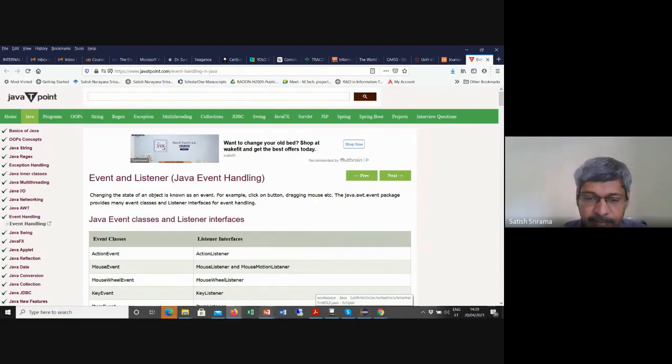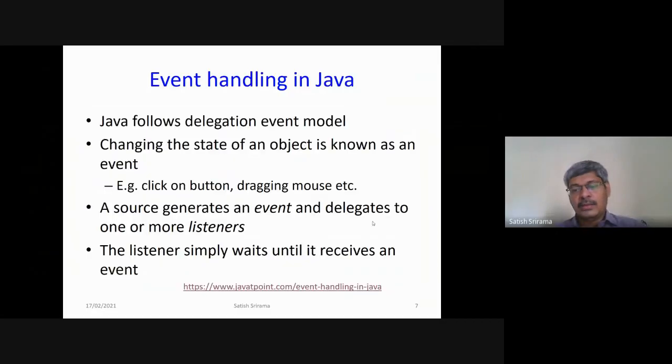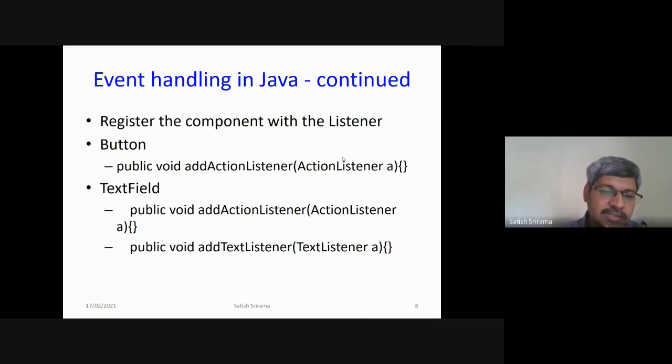Coming back to our lab session, there are different events possible, and there will be different listeners catching those events. Once you have a particular component, something like a button, you have to register a particular listener to it.